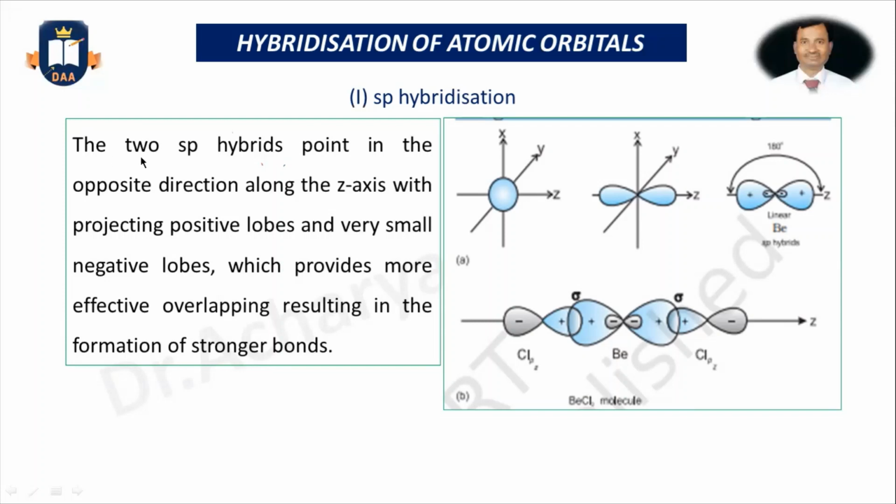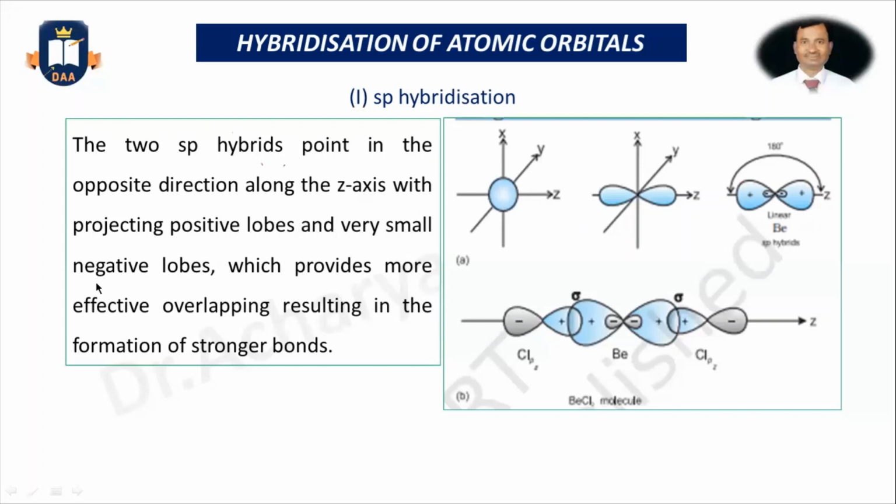And the 2 sp hybrids point in opposite directions. You can see this direction is this side, and for p orbitals this is this side, and ultimately whatever the resultant is, these 2 sp hybrids point in opposite directions. This direction and another one on the right side, but at a 180-degree angle between these directions.